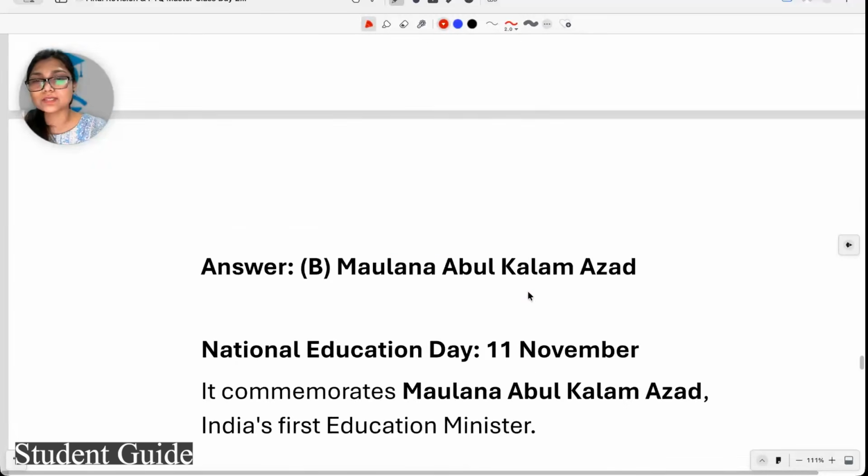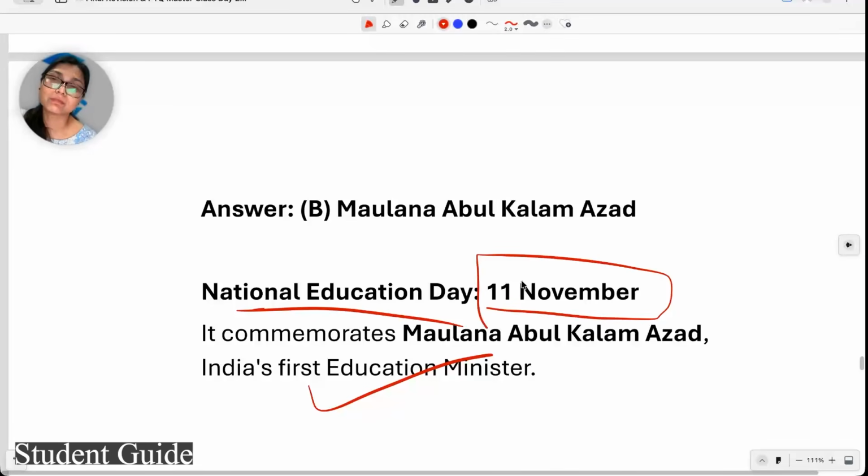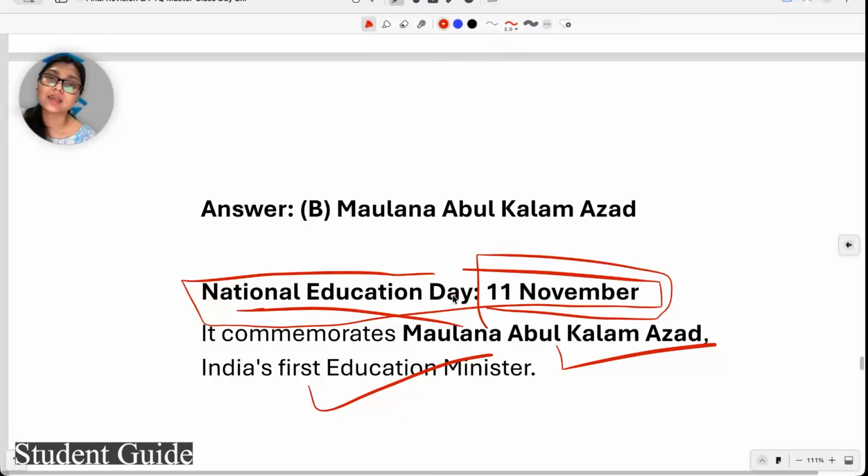Why he was famous, you already know, but still we need to know that. He was India's first education minister, and National Education Day is celebrated on 11 November. I know you will remember his name, but you need to remember this date. National Education Day is on 11th of November.